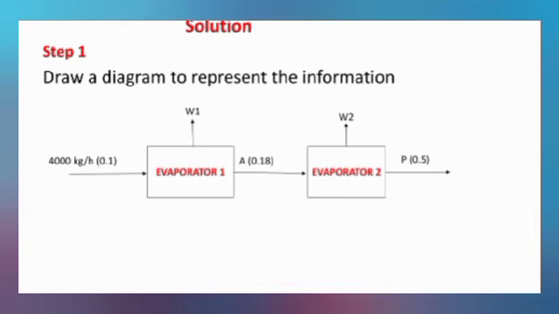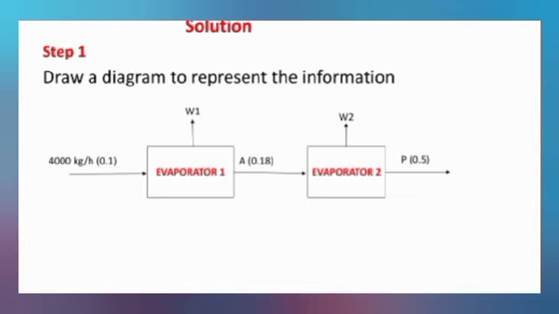The question also says that the amount of sugar present in the cane sugar is 0.1, that is 10%, and the amount that exited the first evaporator was 18%, which is 0.18, and the amount present in the final product was given as 50%. That is why it is written as 0.5.